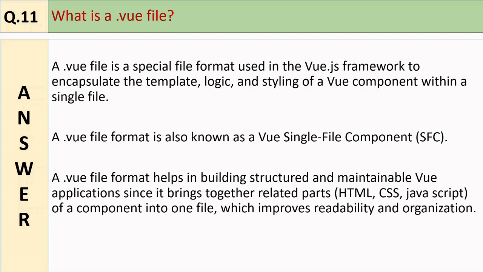The .vue file format is also known as Vue Single File Component or SFC, because inside a .vue file, the related parts of a component, for example HTML, CSS, and JavaScript, are kept together. It helps in building structured and maintainable applications. This in turn improves readability and organization.